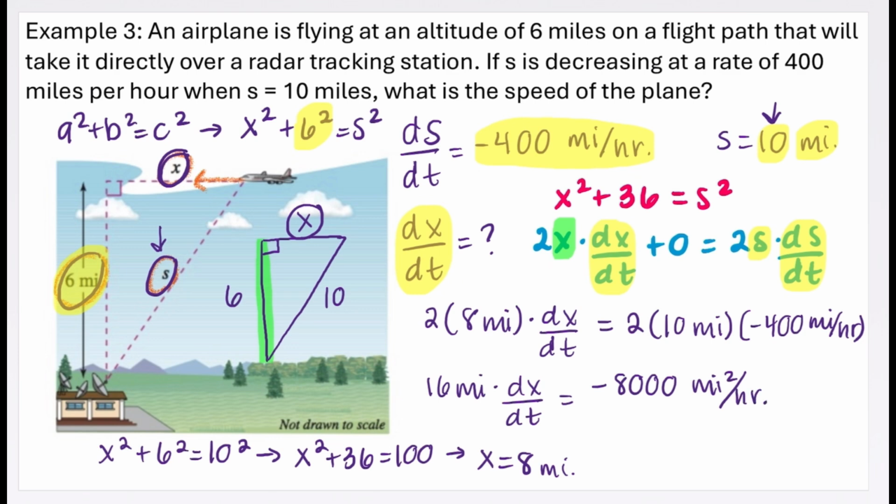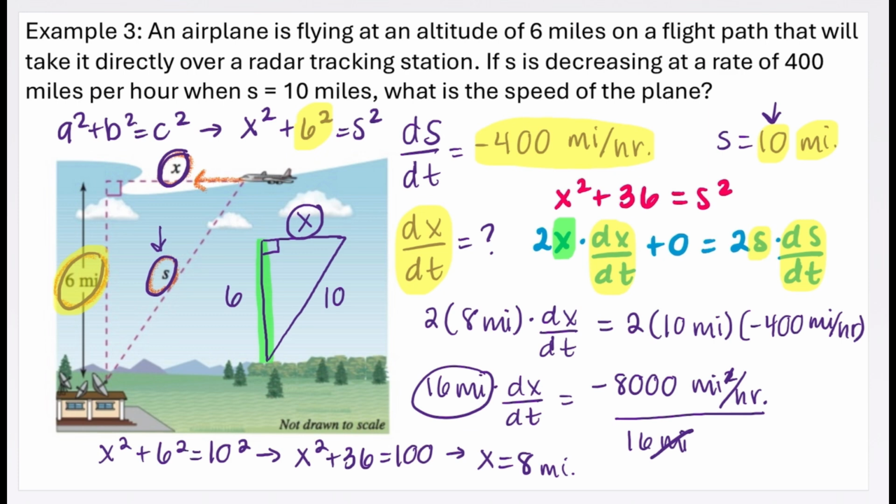All right, so now I'm going to go ahead and divide by 16 miles on both sides. Take this and put it underneath here. This 16 miles is going to cancel out one of those miles. So my answer will be miles per hour. And then 8,000 divided by 16 is going to be 500.